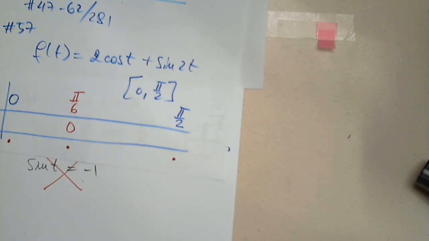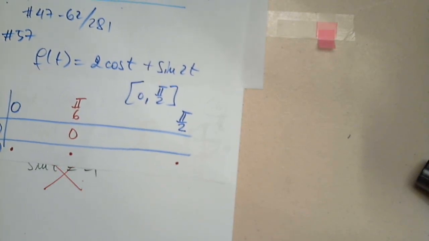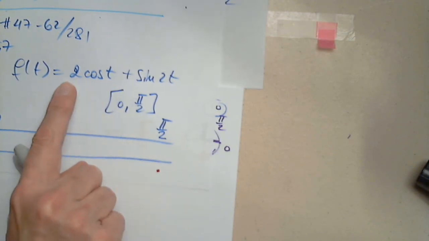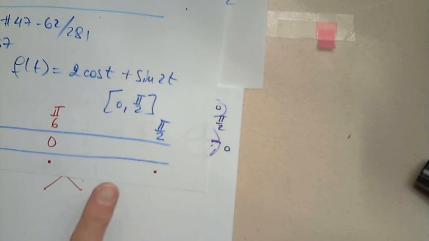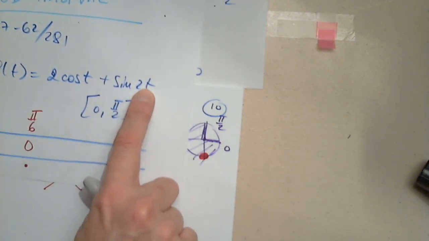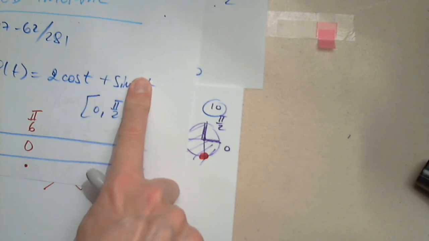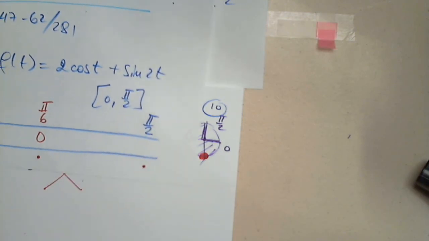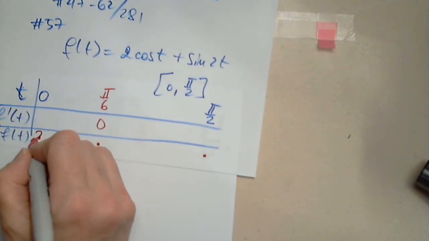So we can do this without the graphing calculator. If I punch in 0 here for the function, what is cosine 0? 1. Perfect. But if I punch in 0 here, how much is sine 0? 0. Perfect. So this is 2.